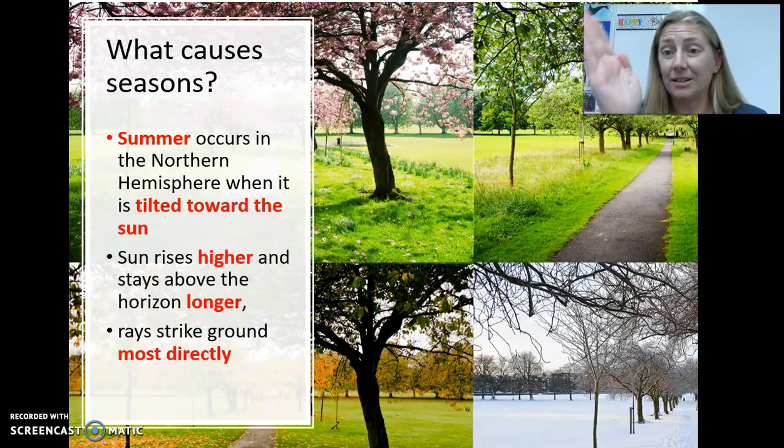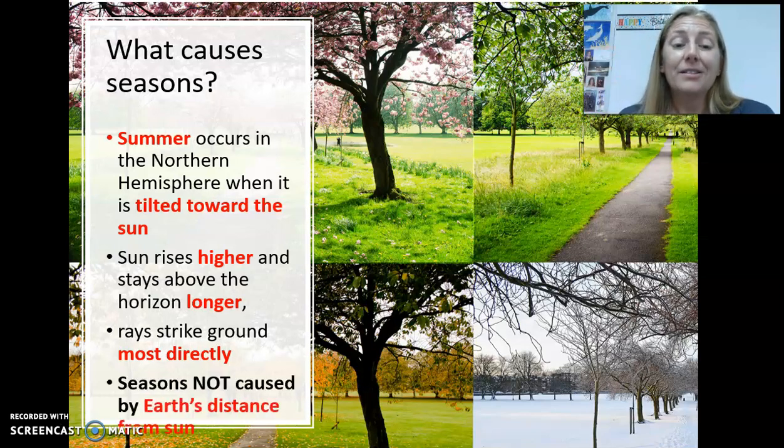It just depends on whether the northern hemisphere is tilted towards the sun or tilted away from the sun. That's all. The seasons are not affected by the distance from the sun, because I know we move in an elliptical orbit, but seasonality is determined by the angle that the Earth is at.